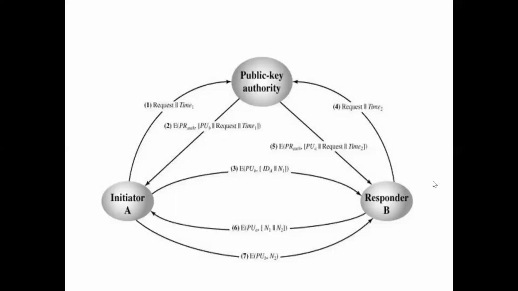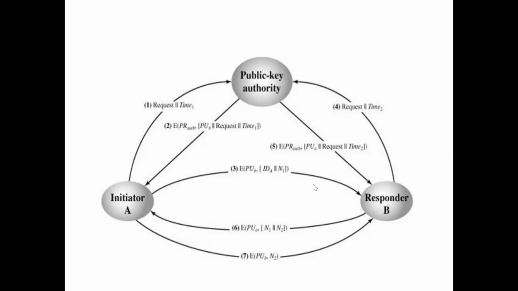Then, using the responder's public key, he sends the request to the responder, and the responder requests the initiator's public key. After that, the responder sends an encrypted message to the initiator, who confirms receipt. Then both can communicate.